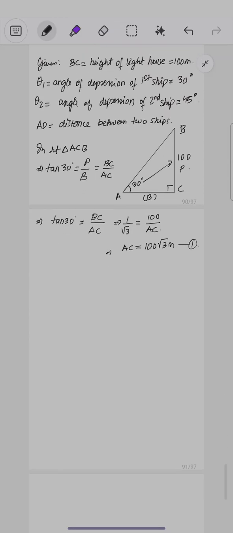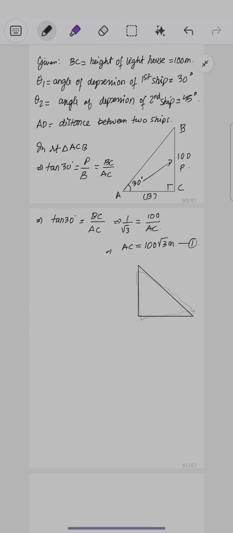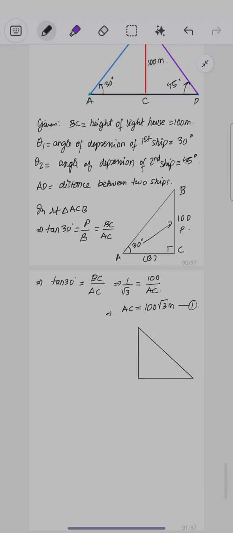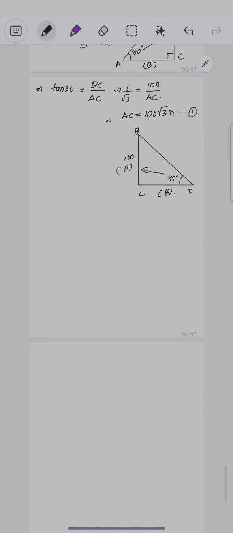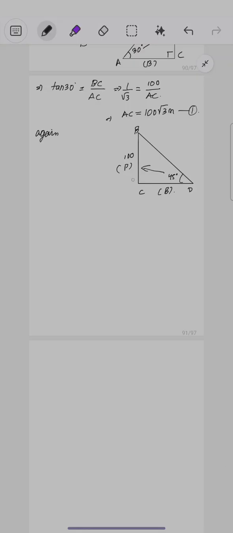Now the other triangle, BCD, with angle D equal to 45 degrees, where BC is the perpendicular and CD is the base. Again in right triangle BCD, tan 45 is equal to perpendicular by base, so BC over CD.